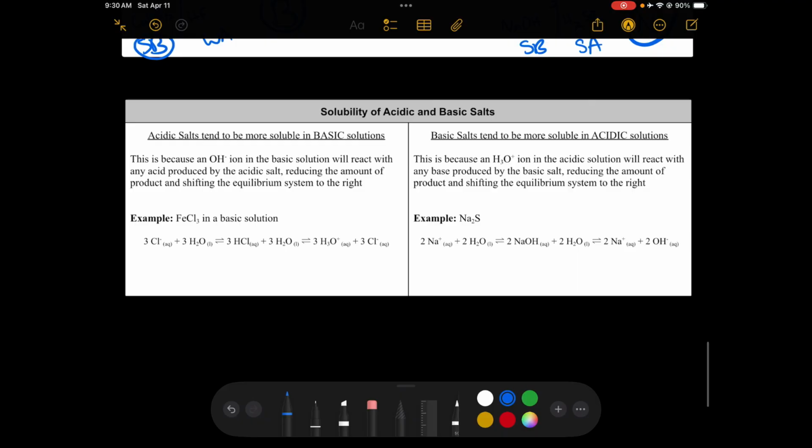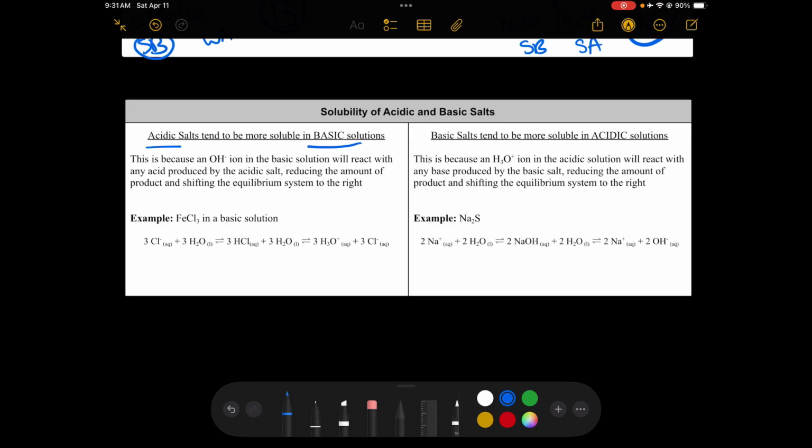Last thing I would like to talk about is the solubility of acidic and basic salts, because there's a little piece of information you just have to know and memorize. Acidic salts tend to be more soluble in basic solutions. The reason for that is because the hydroxide ion in the basic solution will react with any acid produced by that acidic salt, and then we're going to end up shifting to the right.